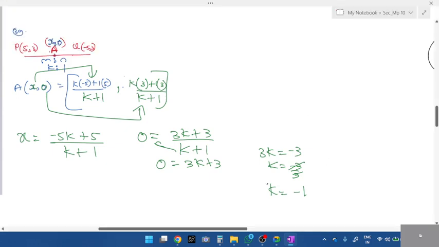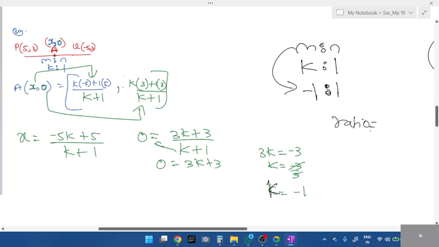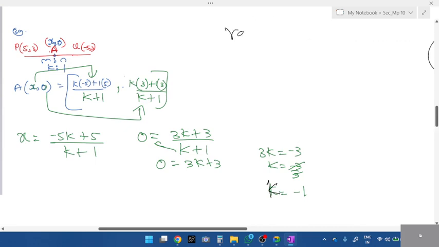All of you got k is equal to -1. Okay, in place of k, put -1, students, so that this -1 remains as it is. What is m is to n? What is the ratio? So ratio is -1 is to 1. Okay, look here, I'll tell you how to write the ratio. PA is to AQ is equal to -1 is to 1.